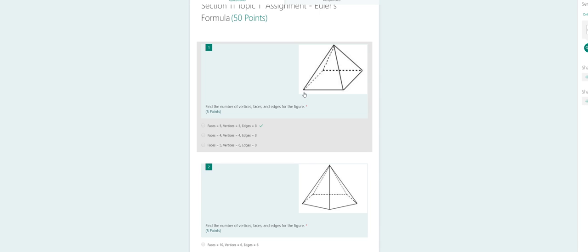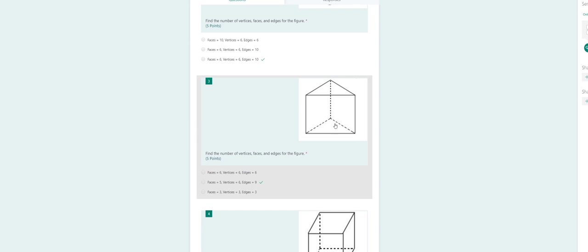Vertices, remember, every angle, every corner is a vertex, and then you have the edges. The edges are every single line that divides two faces, that joins two faces. Okay, so the side of this shape is an edge because you have two faces that are being joined together.